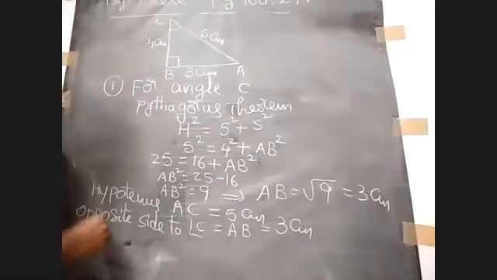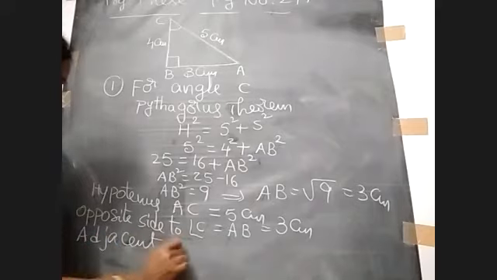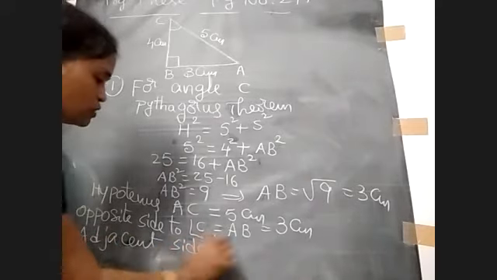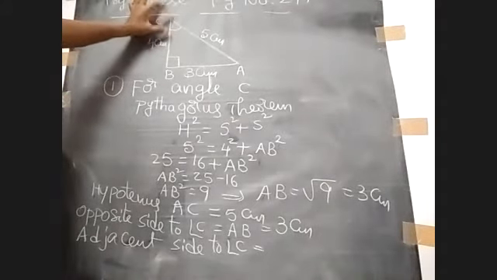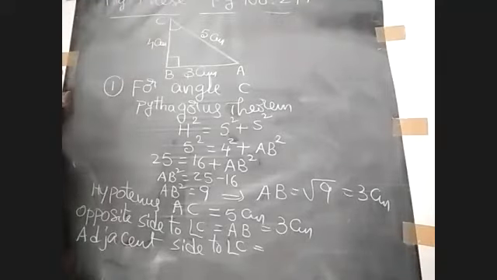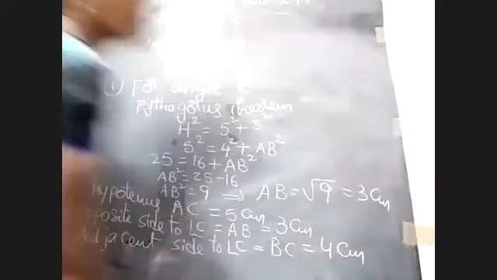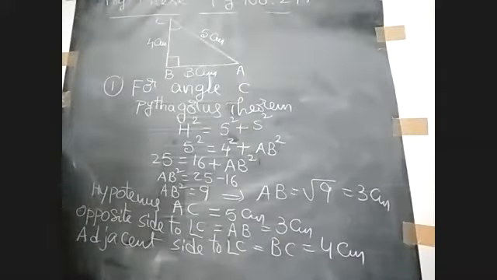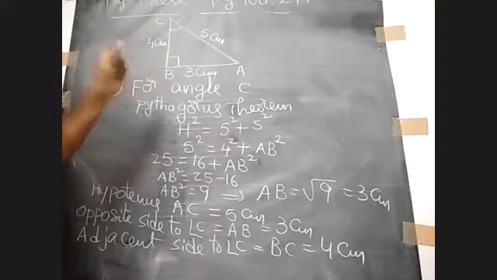Next, the adjacent side to angle C. What is the adjacent side here? Angle C is here, and the adjacent side is BC. BC is equal to 4 centimeters. In this way, we can find the lengths of the opposite side and adjacent side to the given angle.